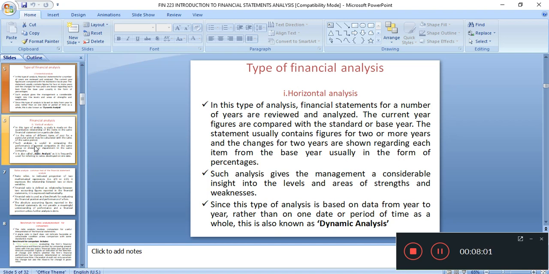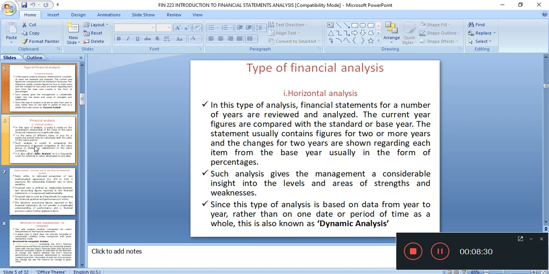We are going to compare the two years, and you say in this year there is an increase of 2%. That is an example. Such analysis gives the management considerable insight into the level and the areas of strengths and weaknesses. Here it shows management whether we have weakness or strengths.